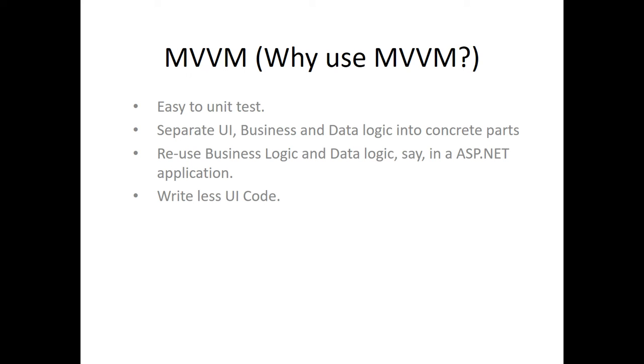So you separate your UI, your business, and your data logic into concrete parts. Why is that good? Well, you can reuse the business logic and data logic, say in your ASP.NET application, or if you needed to take your Windows application and create a Windows Universal app or a Windows Forms application, you could.